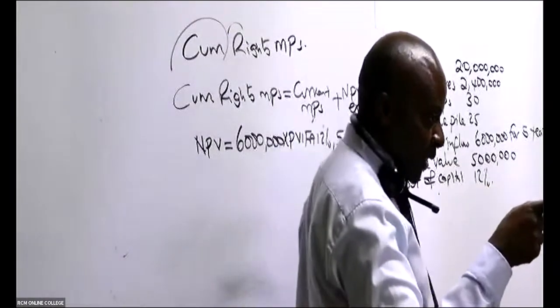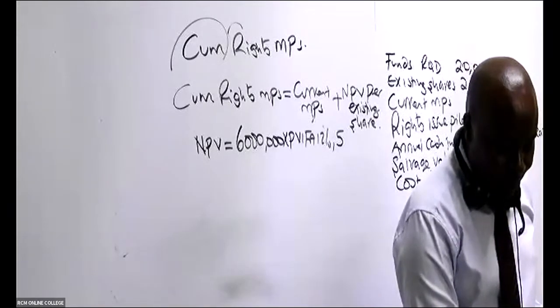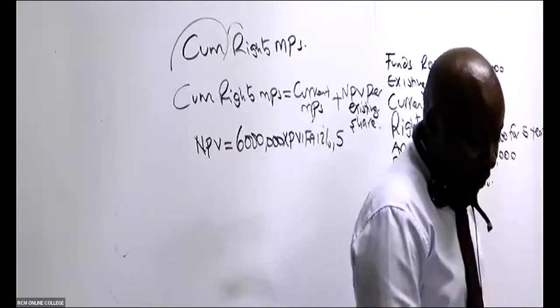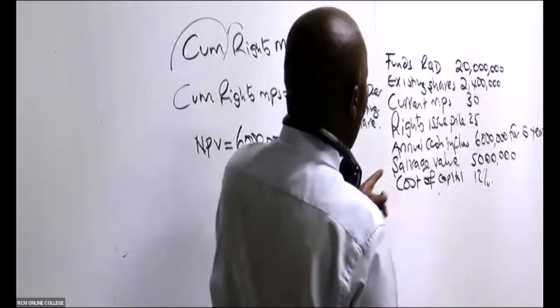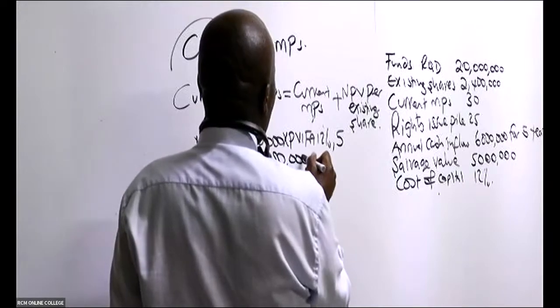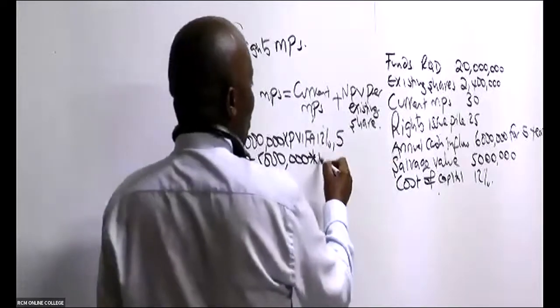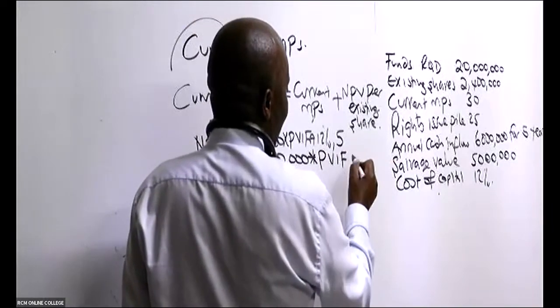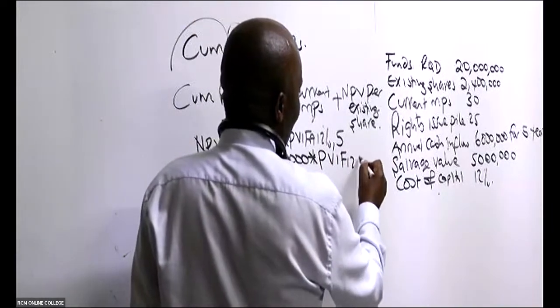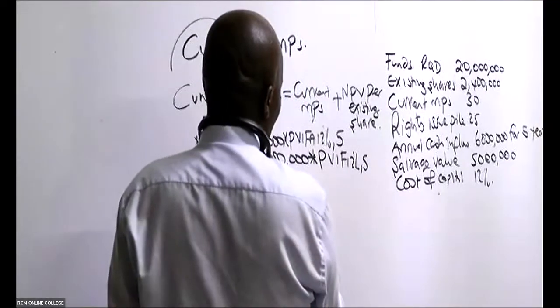Scrap value, isn't it? The salvage, so plus 5 million. And remember, this figure will only be coming once, so this once is what we call PV, 12%, for how many years? Minus the initial outlay.